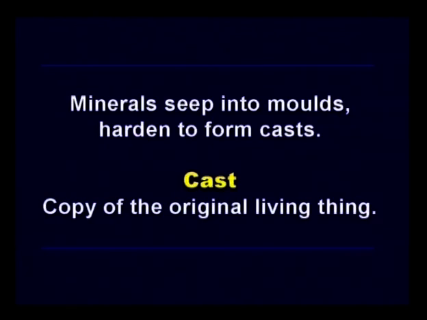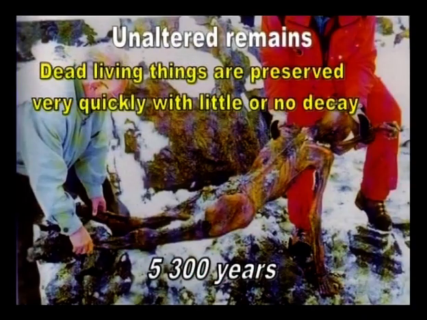Now we also have another type of fossil that is unaltered. Unaltered meaning it's not changed. Whatever the fossil or remains of that living thing is, it is unchanged. Probably some parts of it are changed, some don't. And these are dead living things which are preserved very quickly with little or no decay.